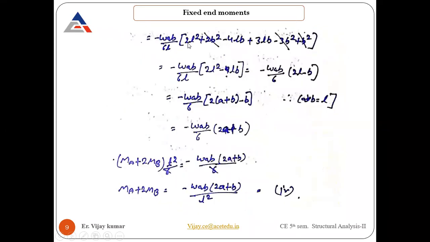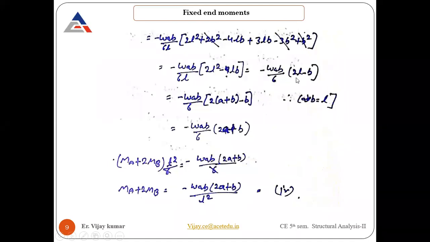So 2B square plus B square is 3B square, minus 3B square, both cancel out. Minus 4LB plus 3LB means minus LB only. So minus WAB by 6L into 2L square minus LB.